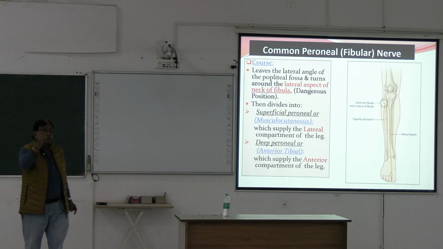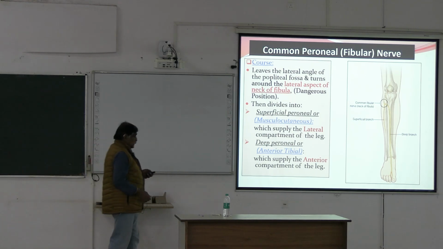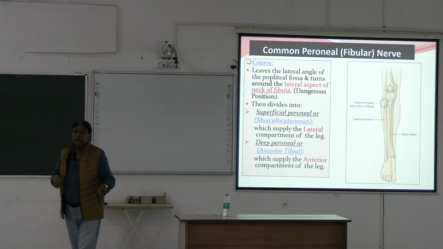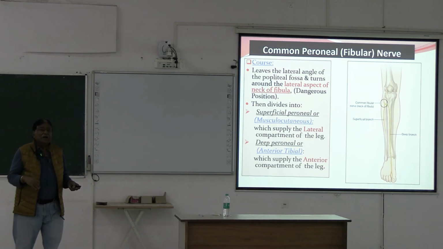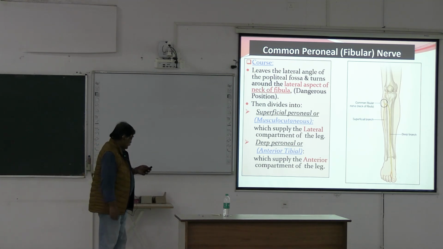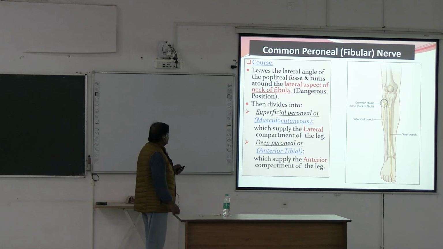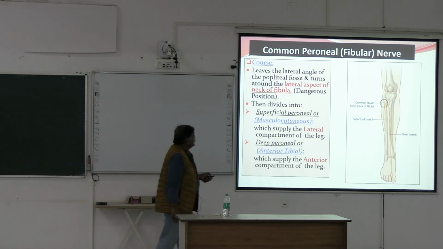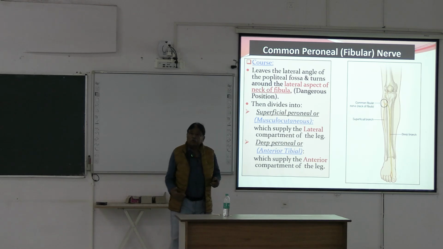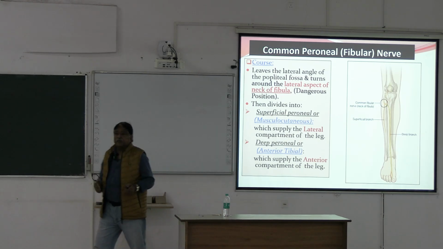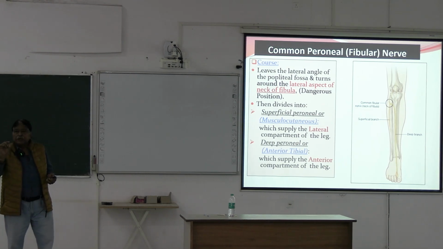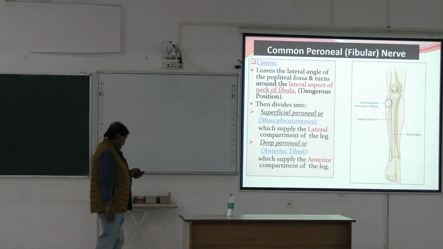Now the neck, you have seen the fibula. So the fibula is a thin bone. Now you see this, the common fibular nerve at the neck of the fibula. So it is prone to injury or fracture of your fibular neck.